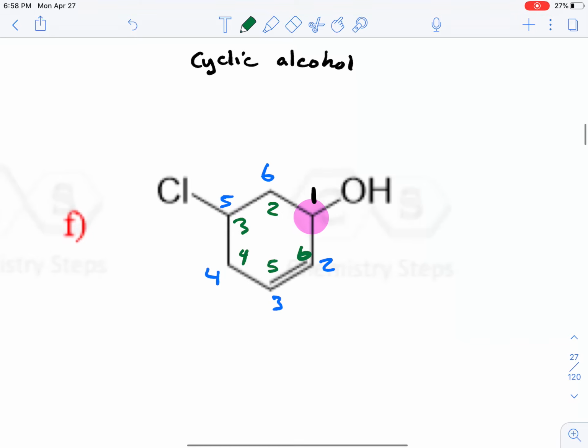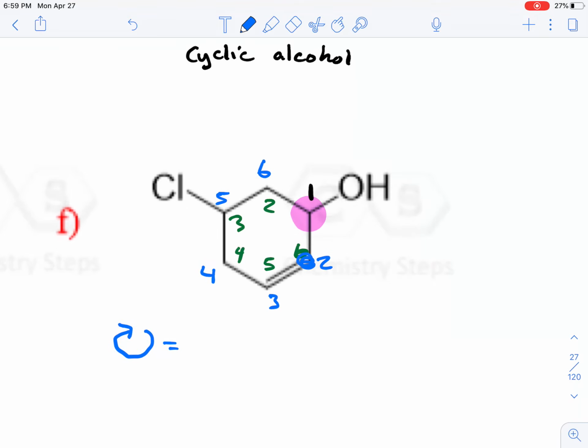And so if you guys are looking at the numbering system, here I have in blue, so this is going to be clockwise. So I have something on 2, and I have something on 5.